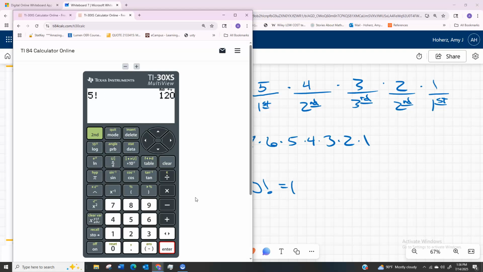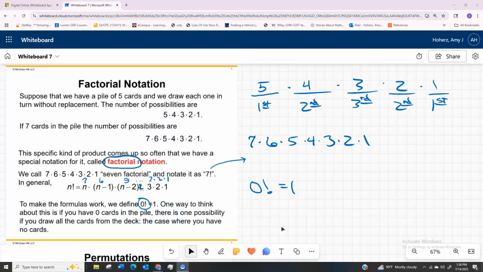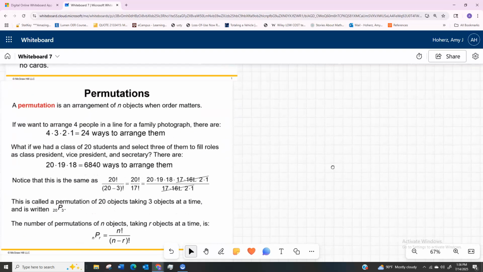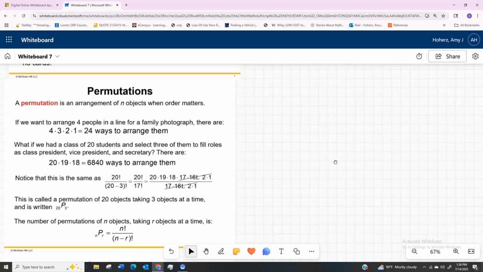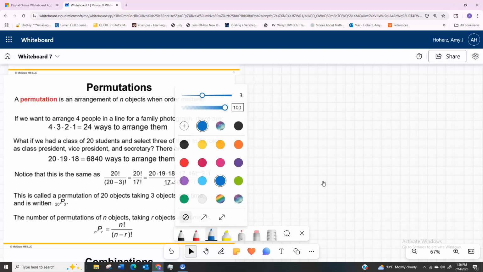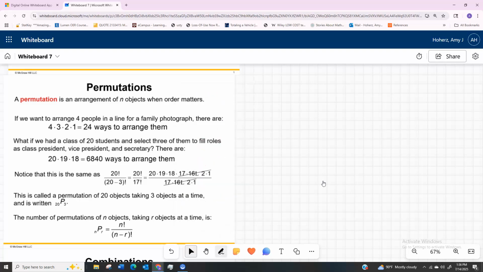But the factorials are going to be a means to an end. We're not really going to use those directly very much. What we're going to use factorials for are permutations and combinations. And of the two, the most important thing with these is that with permutations, the order matters.